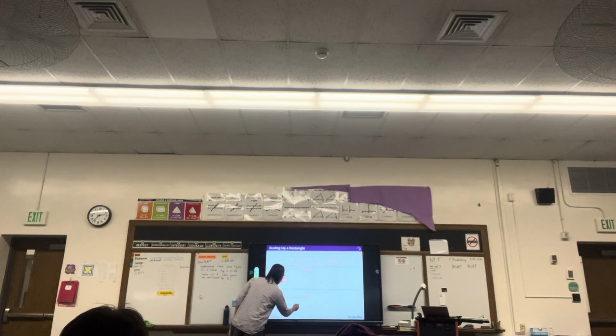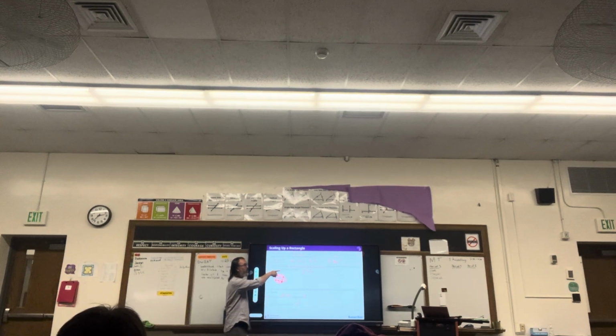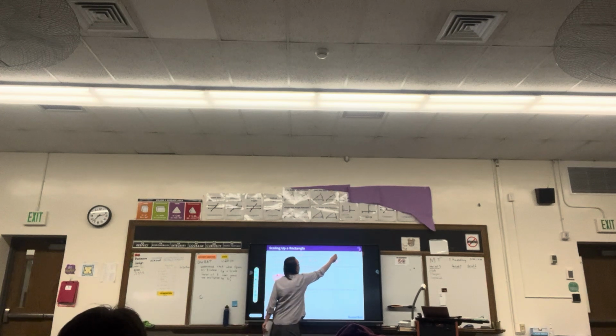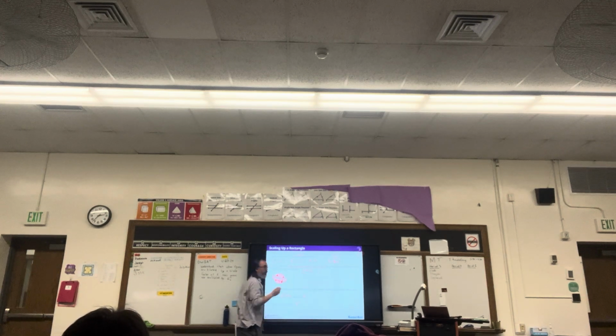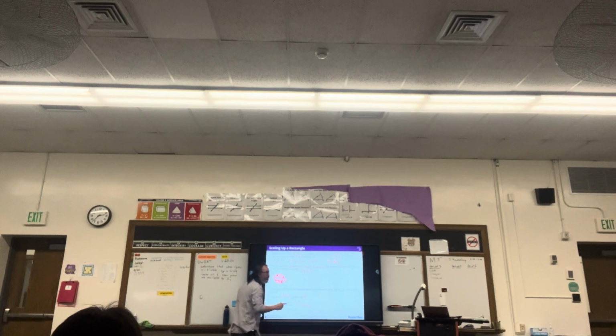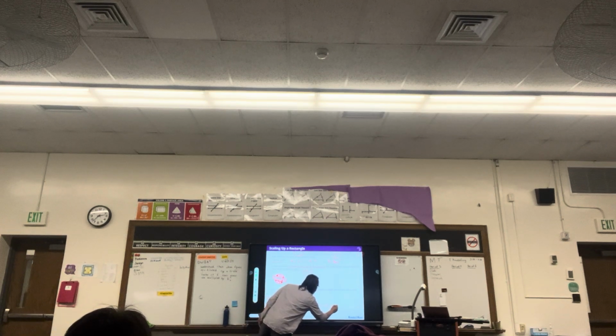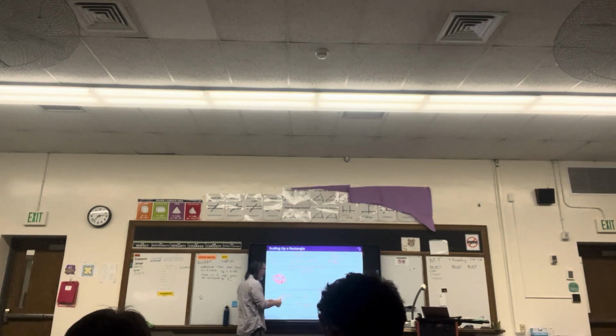What is the equation? Yeah, k squared. K squared multiplied by the area of the original image.